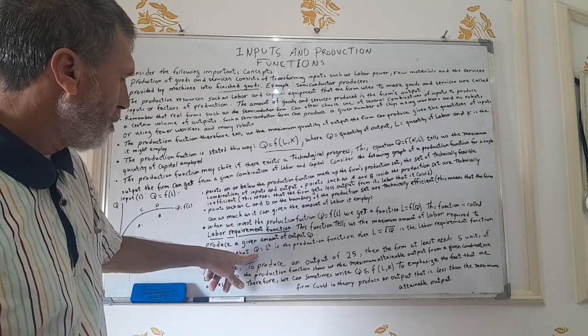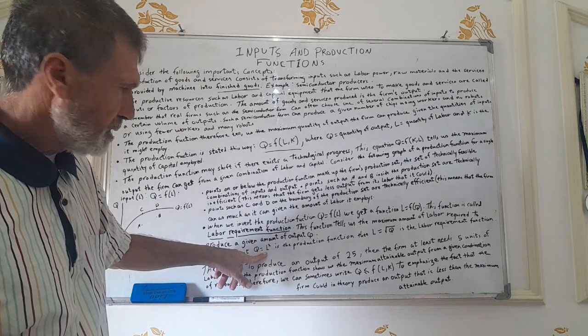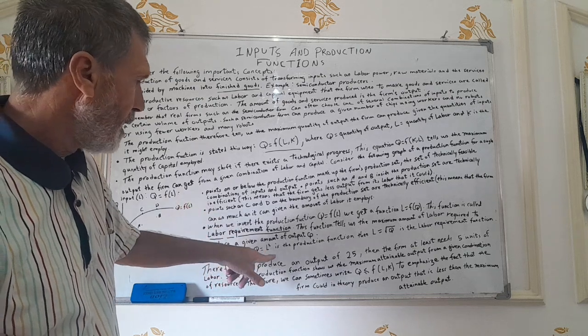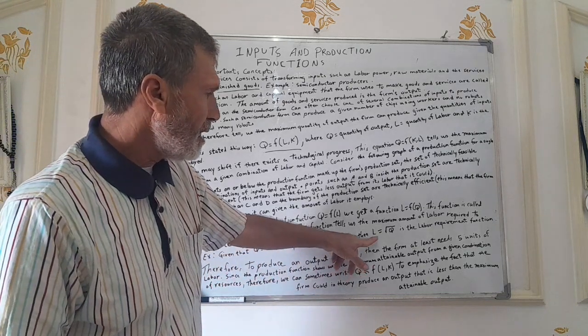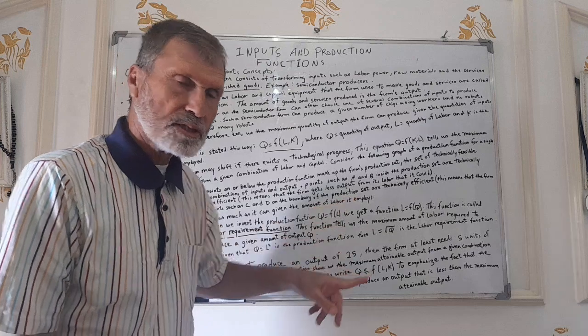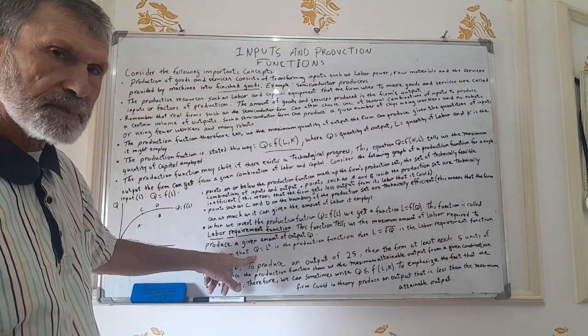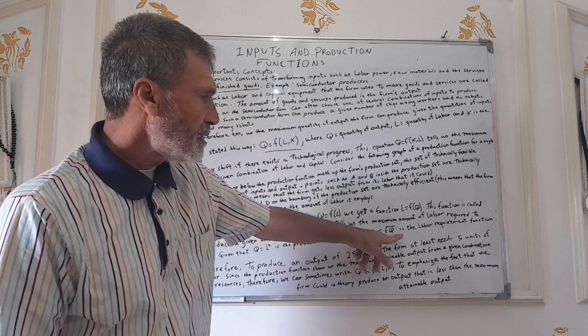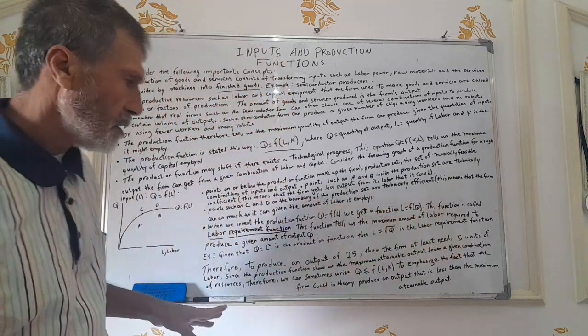Suppose Q equals L squared, this is the production function. Then L equals radical Q. So when we invert this, we come up with L equals radical Q. This is the labor requirement function.